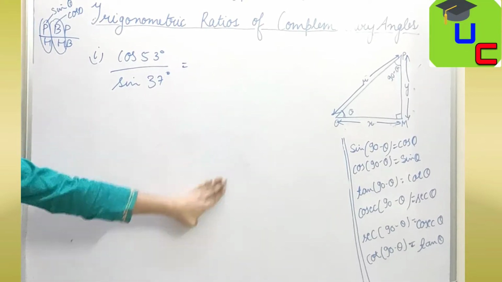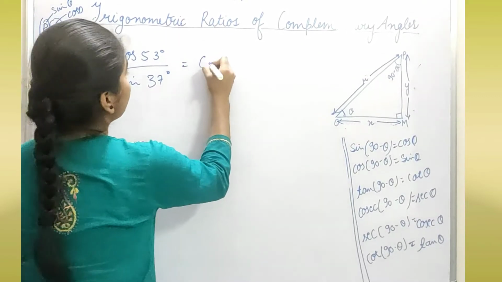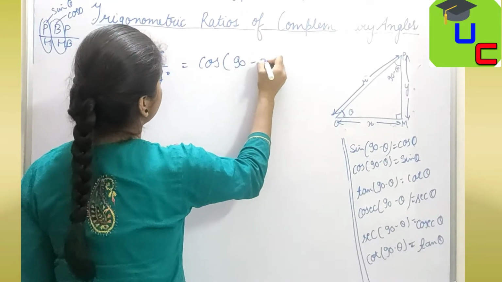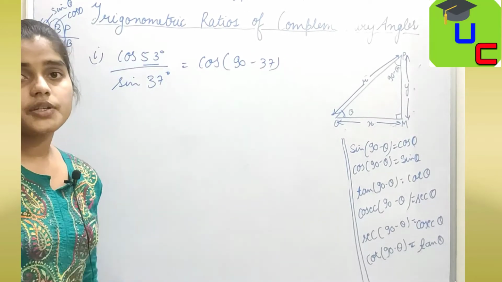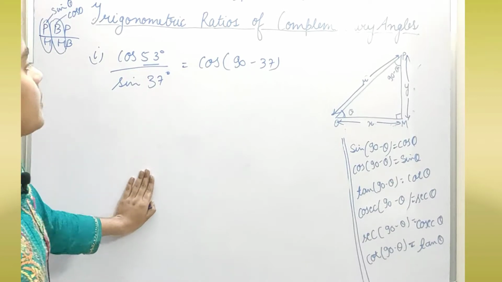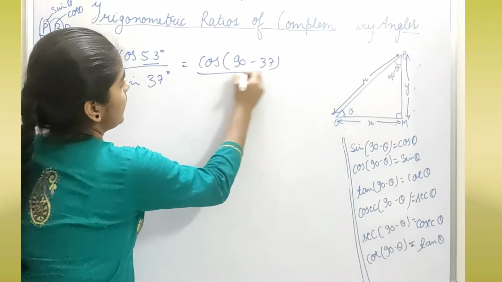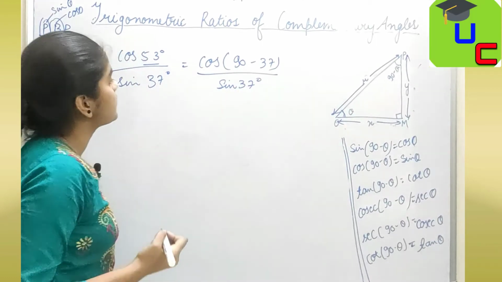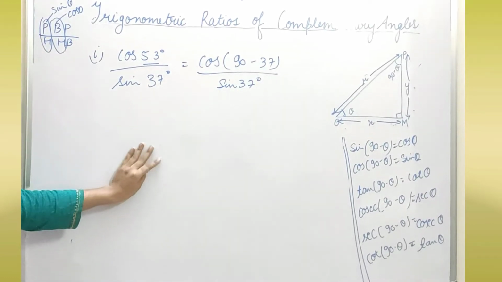How will you evaluate this question? You can write cos 53 as 90 minus 37. Yes, of course you can write it as 90 minus 37, and keep sin 37 degree as 37 degree.